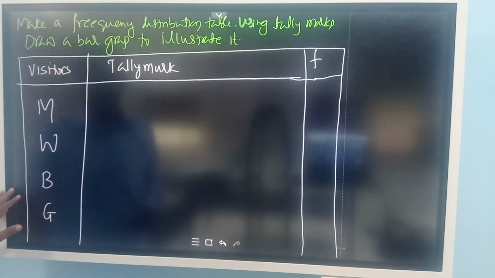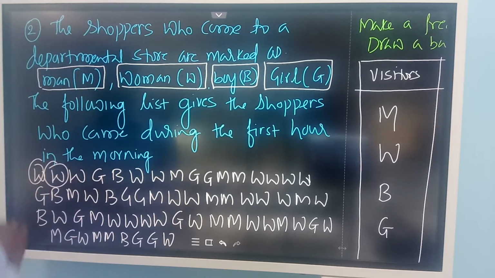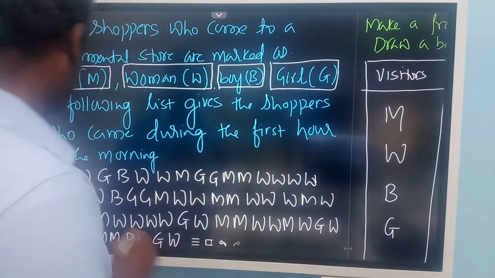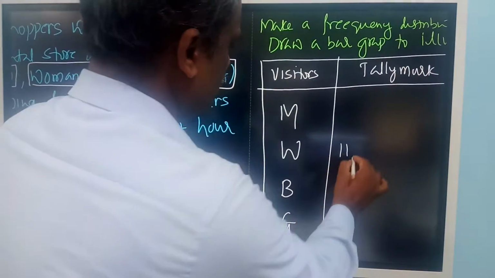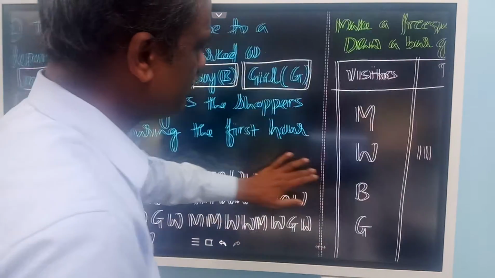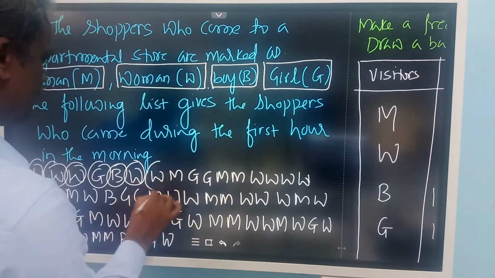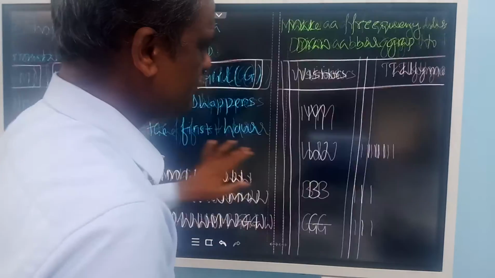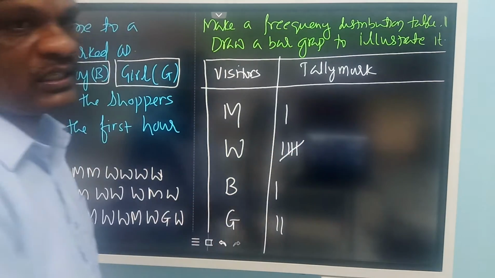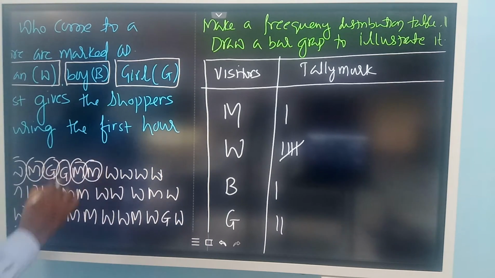Now you have to make tally marks here. I will encircle each group. WW, 2 lines. Then one more W, 3 lines. Then GBW. Then again WMG. After the fourth one, the fifth one you should cross. Next GMM.